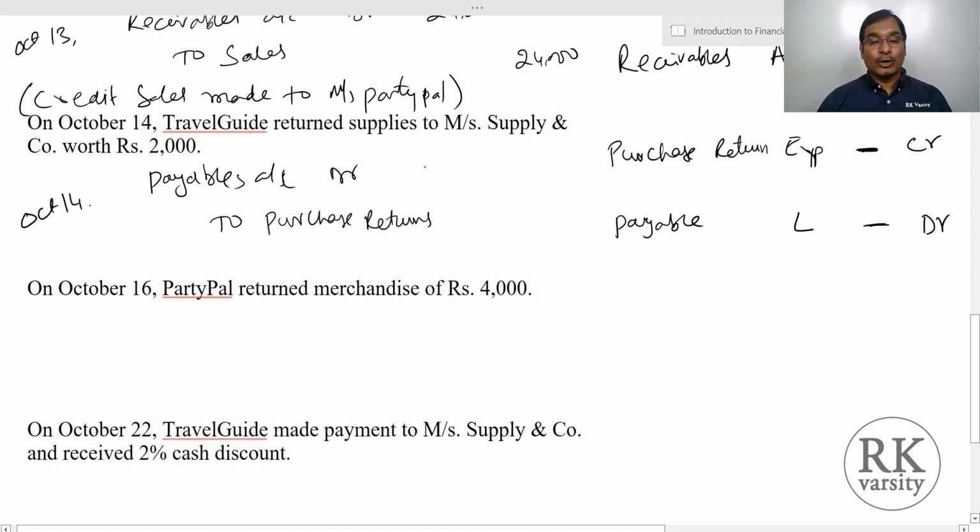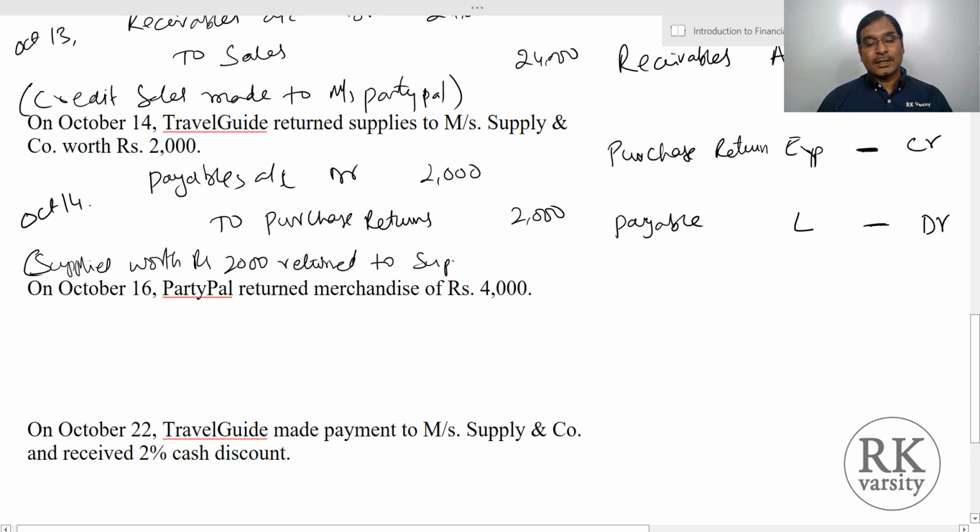The amount is rupees 2,000. Now you can write here: supplies worth rupees 2,000 returned to Messrs. Supply and Company.